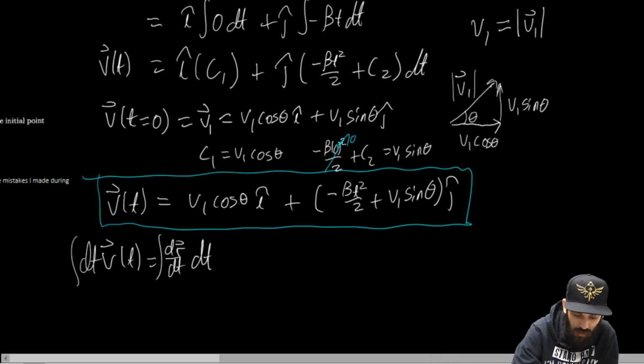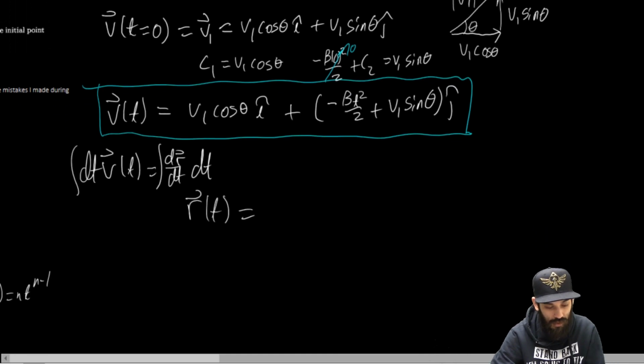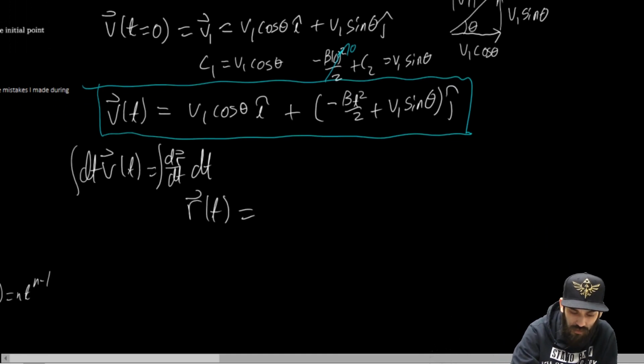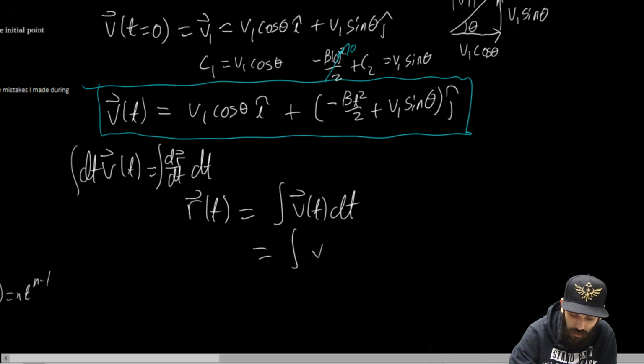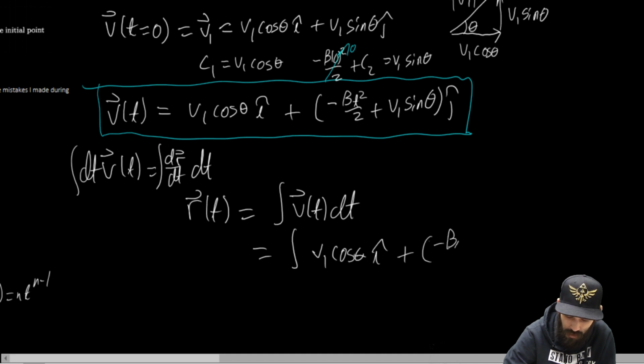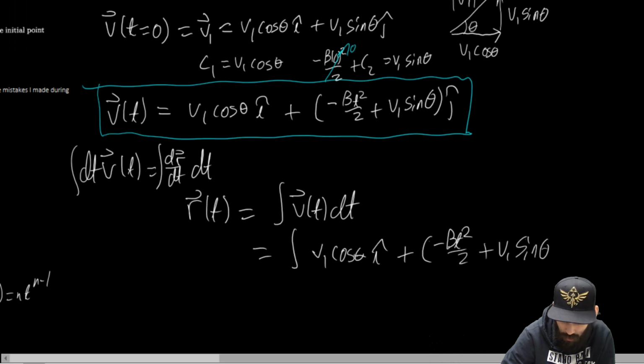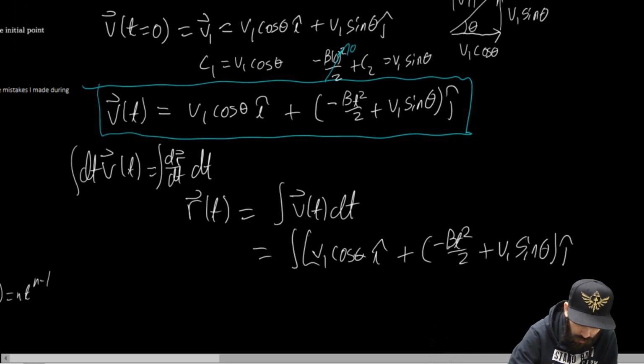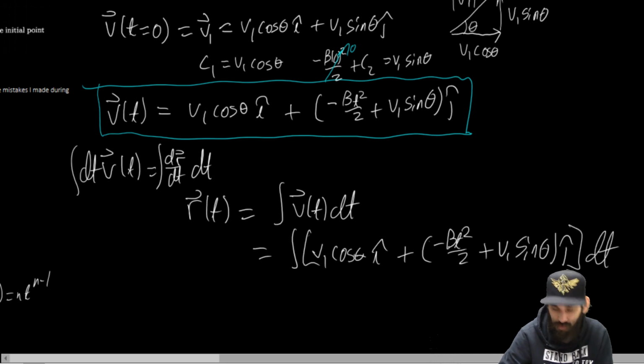So that says that r vector as a function of time is going to be equal to the integral of v vector as a function of time dt, which is equal to the integral of v1 cosine of theta i hat plus parenthesis minus beta t squared over 2 plus v1 sine of theta times j hat. Let's put a big bracket out here, multiplied by our dt.